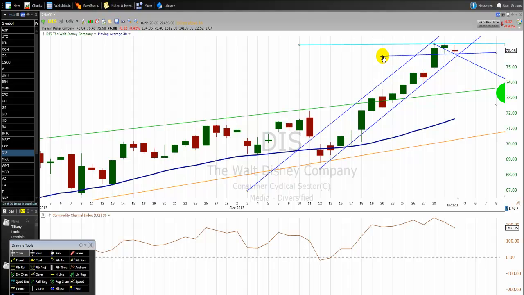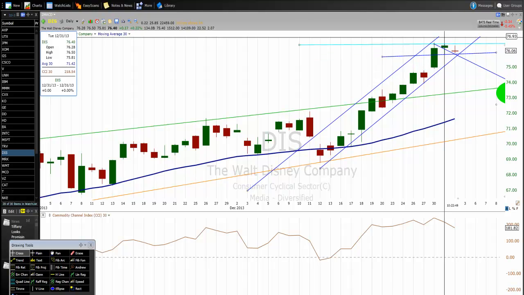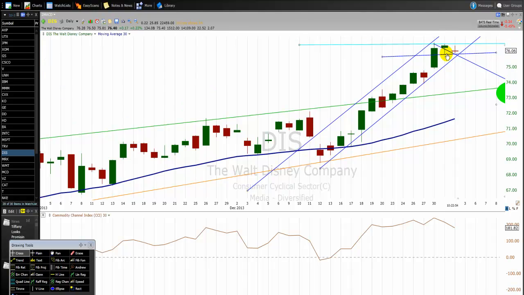So I will say priority to aggressive bullish signal, because it will be better to buy above the turquoise line. But if you want to buy like it is now, I will give priority to bullish signal above the level of 75.81. That's the low of this candle here.